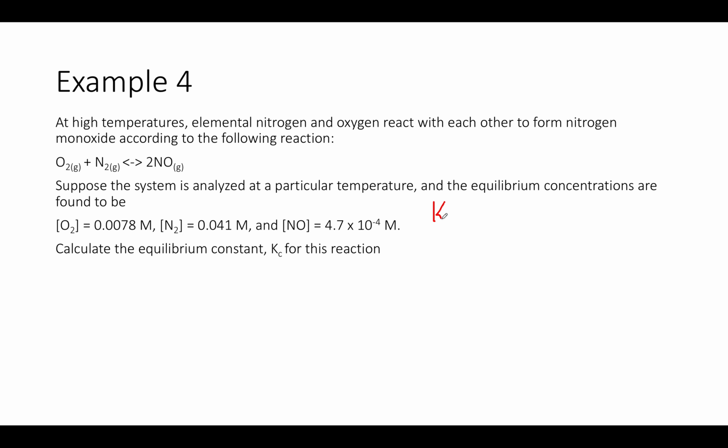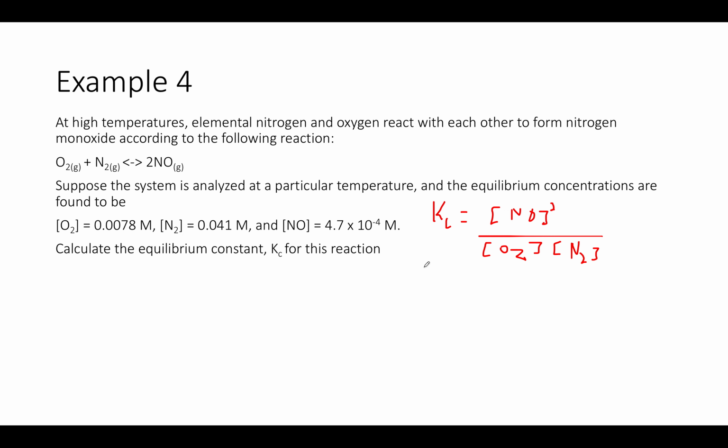So Kc, I'm going to write the equilibrium law, would equal the concentration of NO squared divided by the concentration of oxygen gas times the concentration of nitrogen gas. And those have no superscripts.